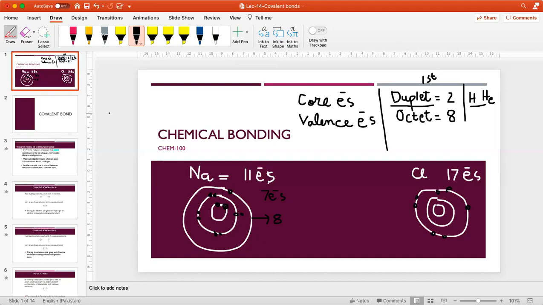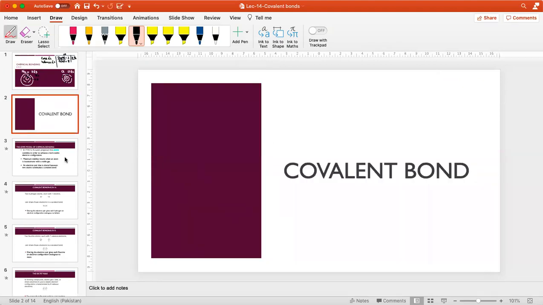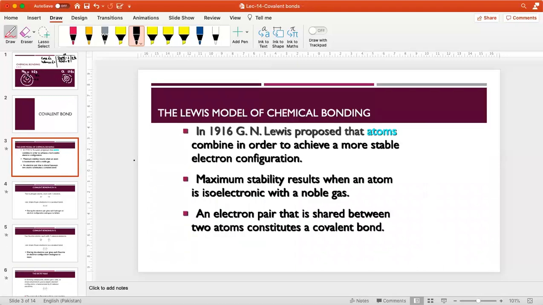Now I jump to the first kind of bonding, which is known as the covalent bond. It was 1916 when Lewis proposed that atoms combine in order to achieve a more stable electronic configuration, the same idea which I have explained to you right now. Maximum stability results when an atom is isoelectronic with the noble gases.